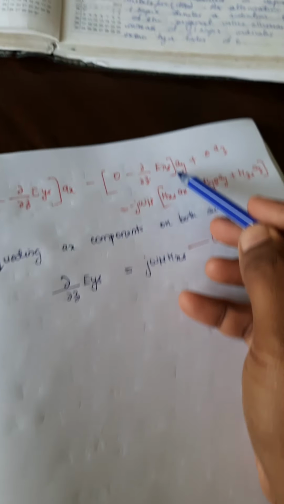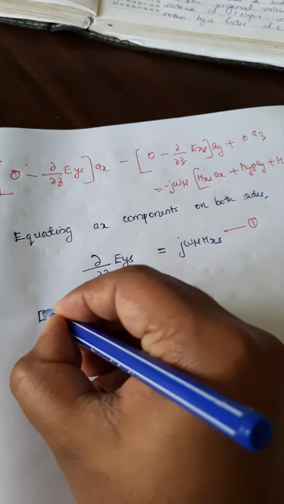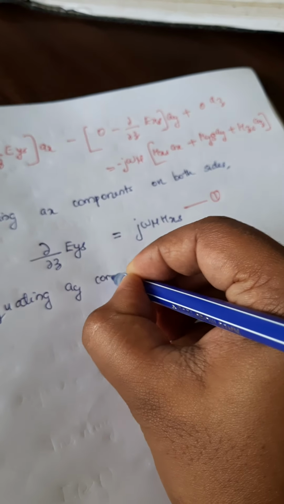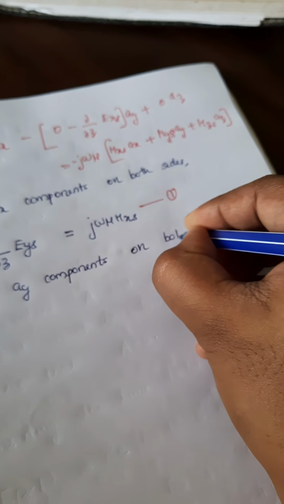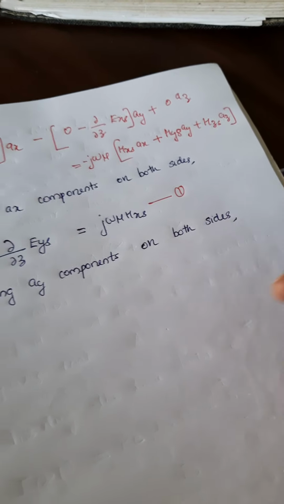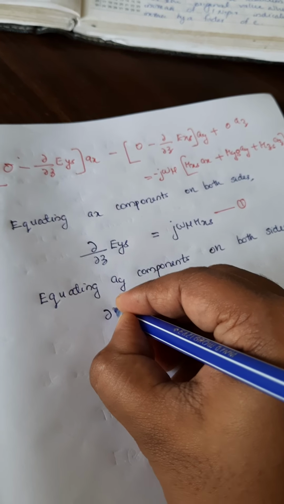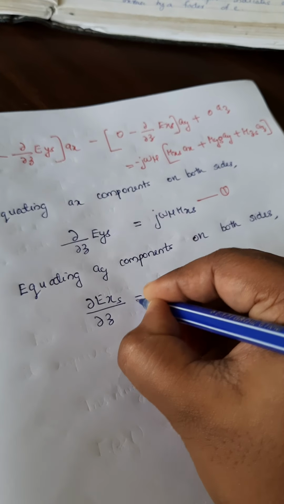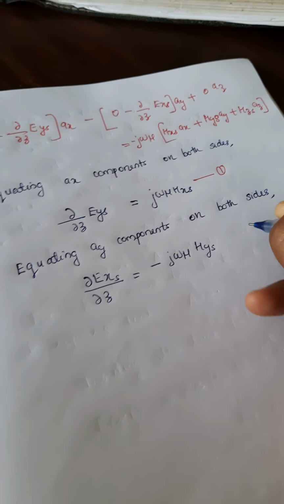And similarly, equating the Ay components on both sides, we will get dou Exs by dou z equal to minus j omega mu Hys.